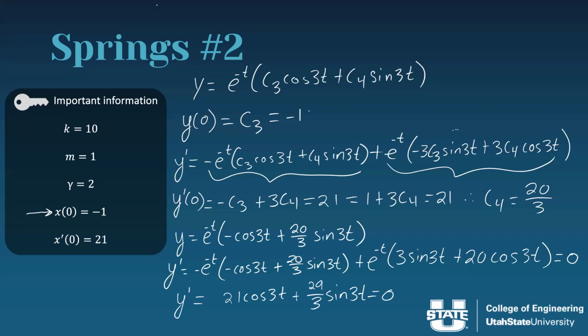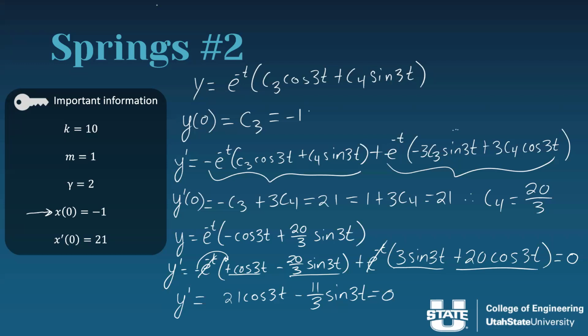I divided by the e to the minus t and distributed. Oh, this is slightly wrong. That would be 11, I think. Pulled in this negative. That's positive. That's now a minus. And then I have a 3 sine minus a 20 over 3 sine. So that's going to be a minus 11 thirds. And then we have a 1 cosine plus a 20 cosine.